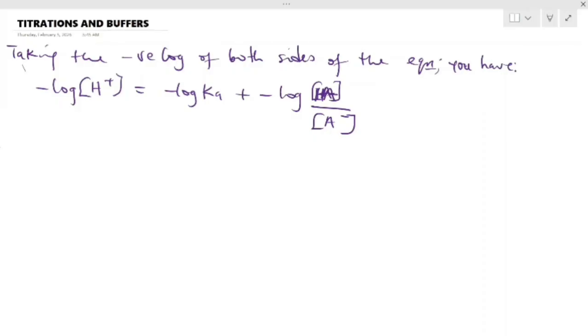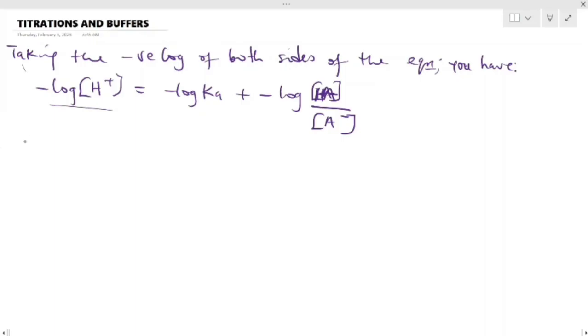So the negative log of hydrogen ion concentration is equal to pH. Remember that we said that pH is equal to the negative log of hydrogen ion concentration, and right here we have the negative log of hydrogen ion concentration.